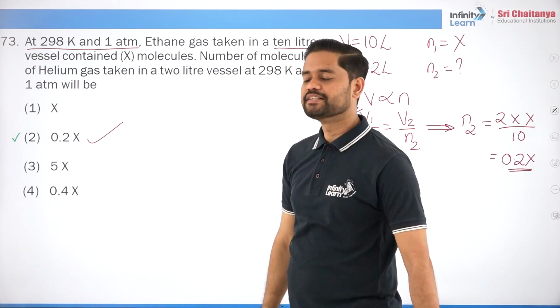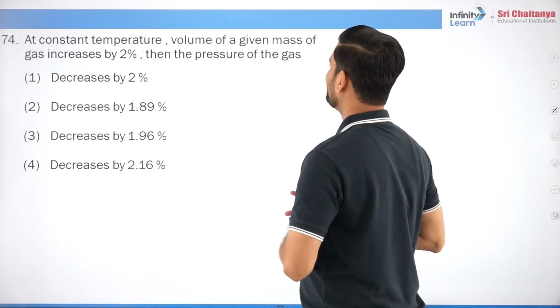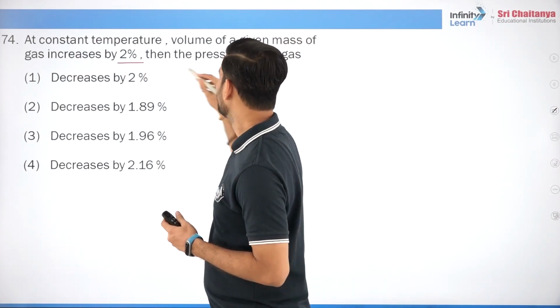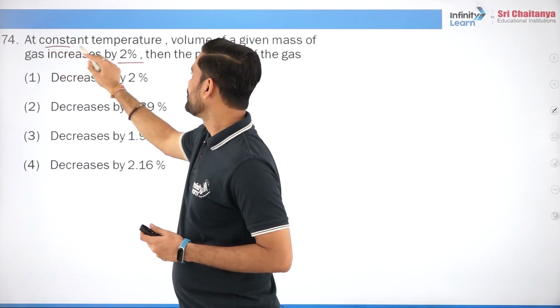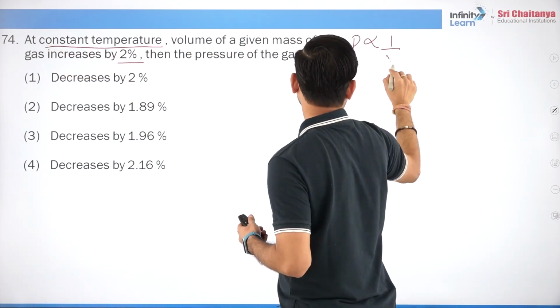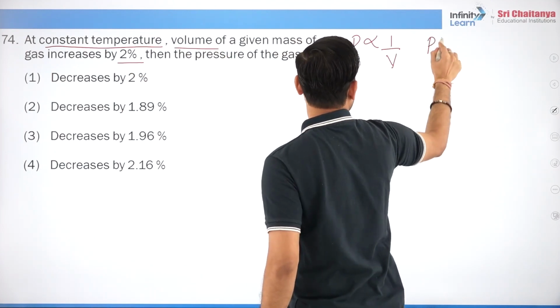Okay guys, clear? Perfect. Question number 74. At constant temperature, the volume of a given mass of a gas is increased by 2%. According to the law, pressure is inversely proportional to volume, so if volume is increased, the pressure has to decrease.